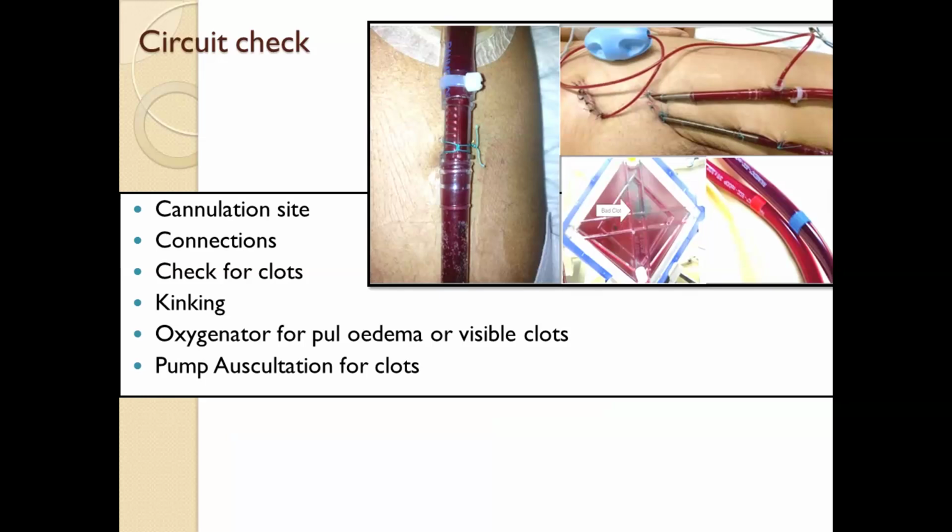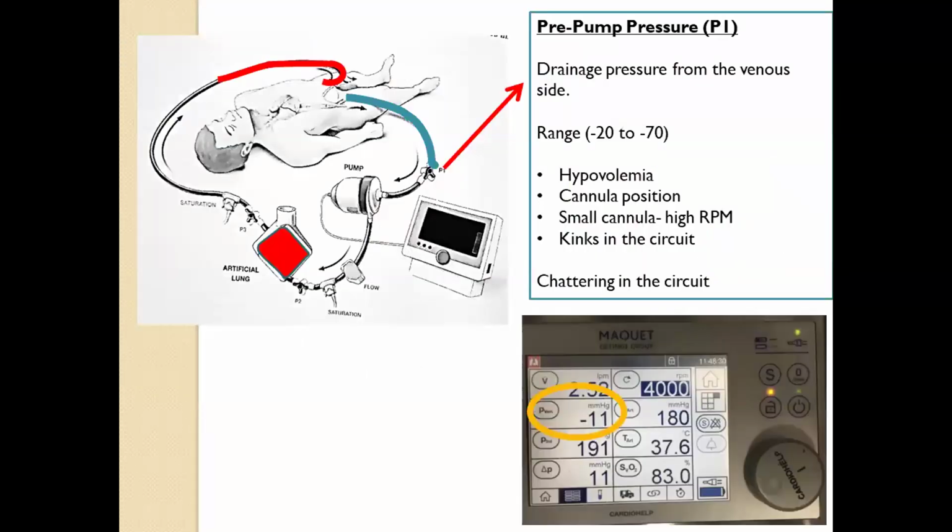Clots can especially happen wherever there are additional attachments in the circuits, like a three-way connector. Oxygenators are another source where clots can form. So daily you'll have to go like a watchman, put your torchlight on these circuits and look for adequacy of flow and all these features to make sure that the circuit is healthy.